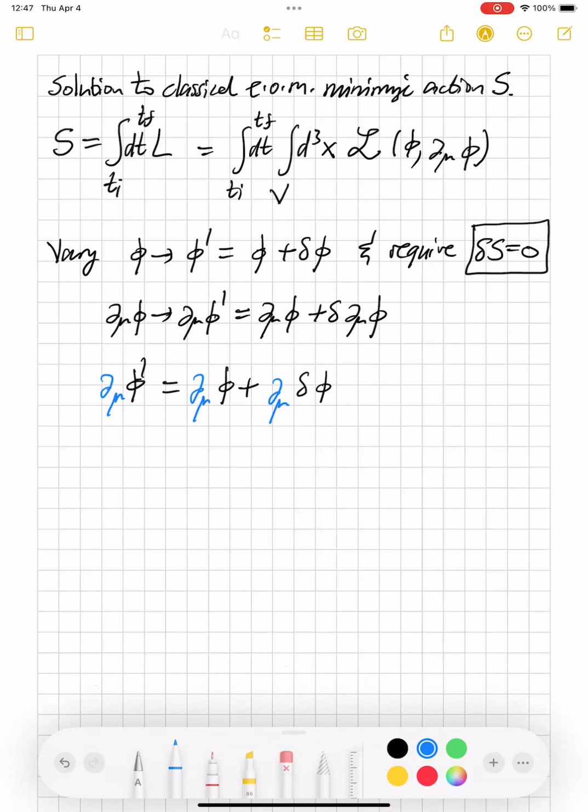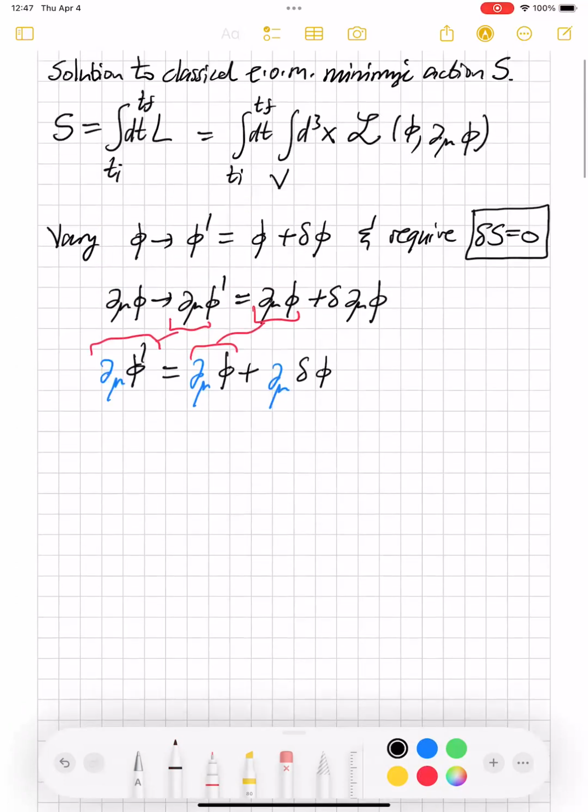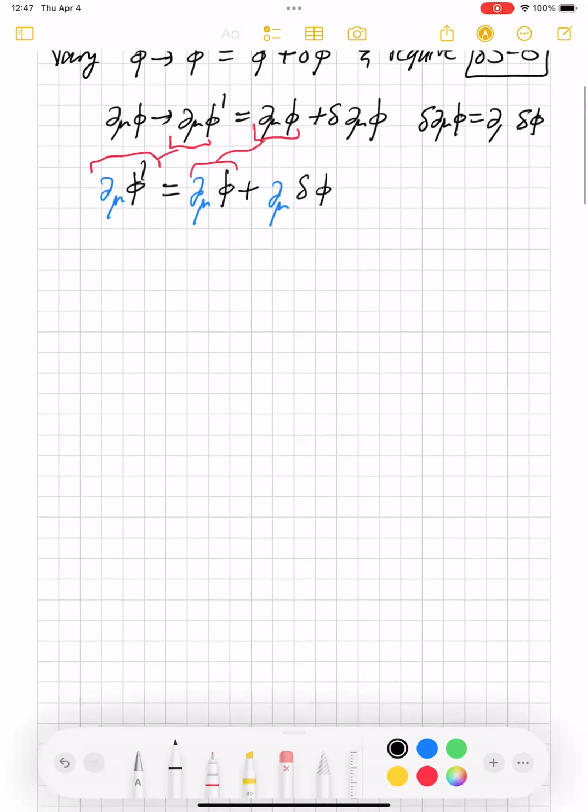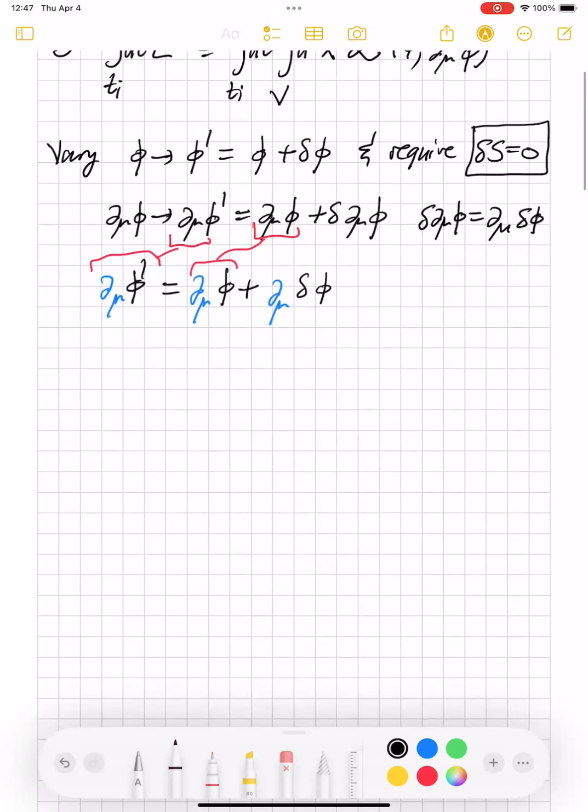So this must definitely be true. But comparing, you can see that this matches that. Those are exactly the same. So the last terms have to be the same as well. And that tells me that the change in d mu phi is equal to d mu of the change in phi. So that's the equation that I wanted. This tells me how the change in the derivative of phi is related to the change in phi.